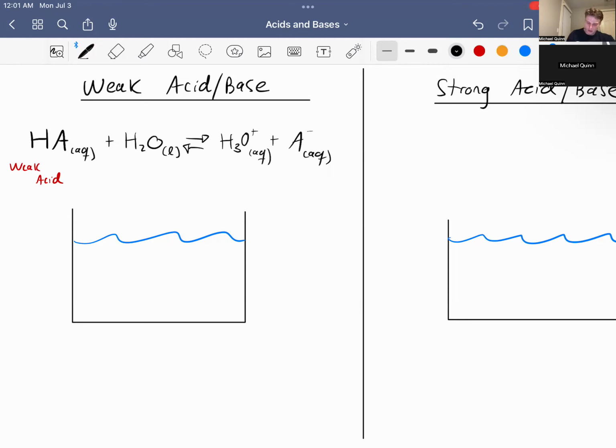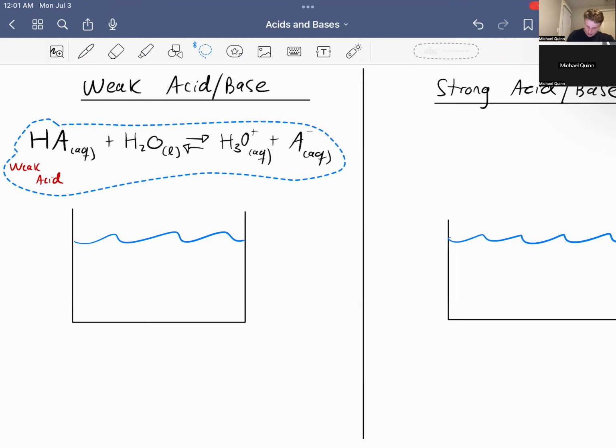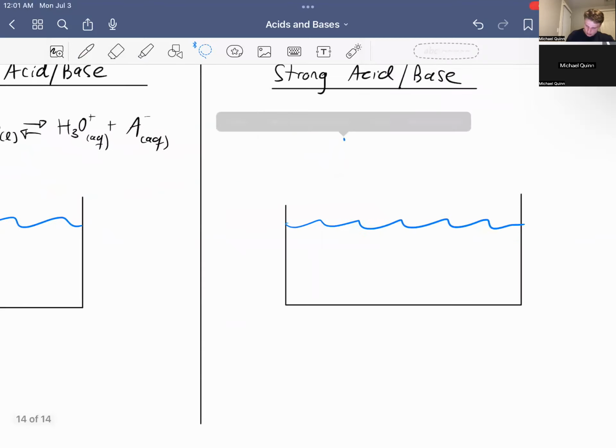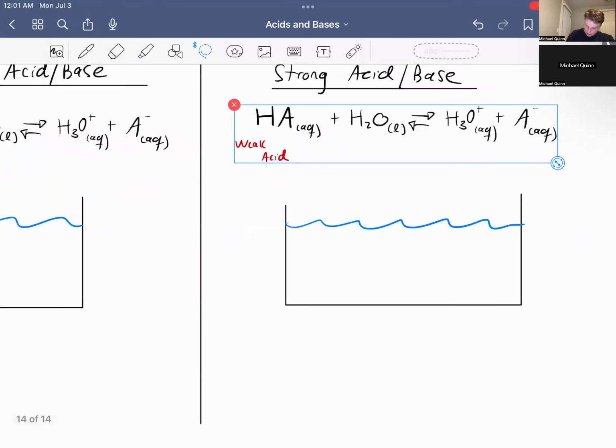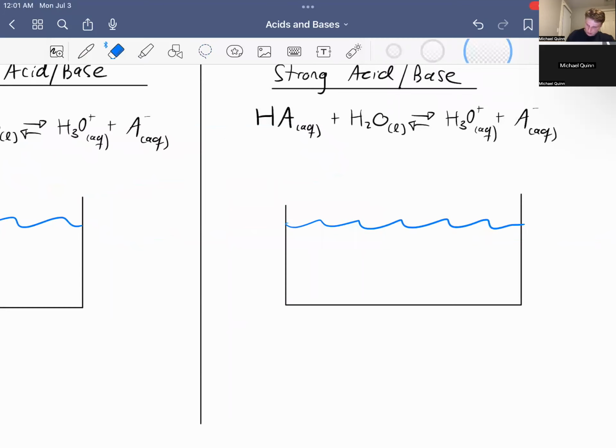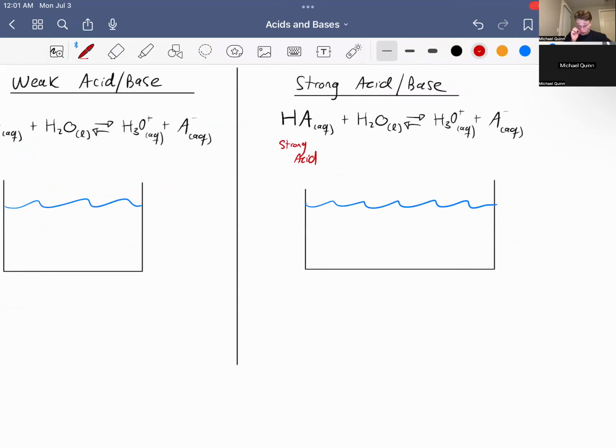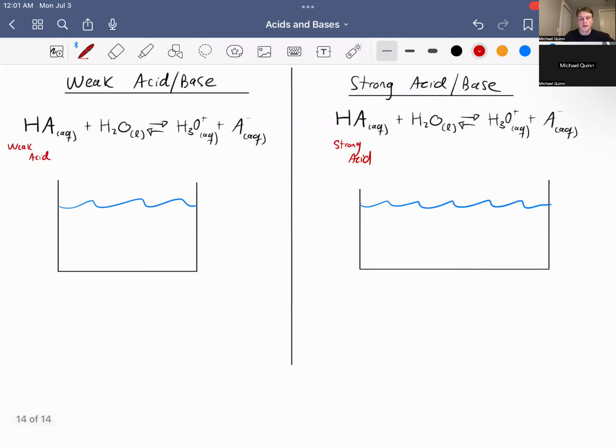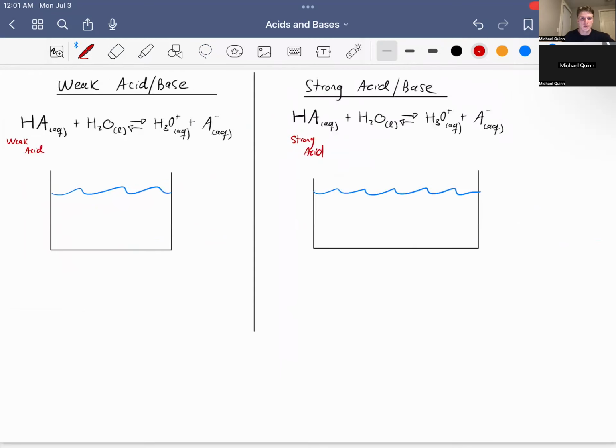So when we dissolve our strong acid, which we will also call HA, it will be the same reaction. The only difference is that a strong acid will donate its hydrogen 100% of the time, and a weak acid will not.